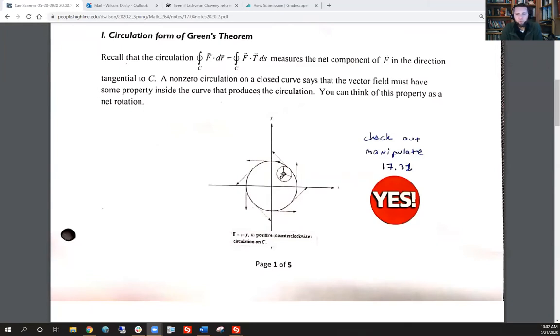As you may recall, circulation is sort of like the work to go around a closed loop.